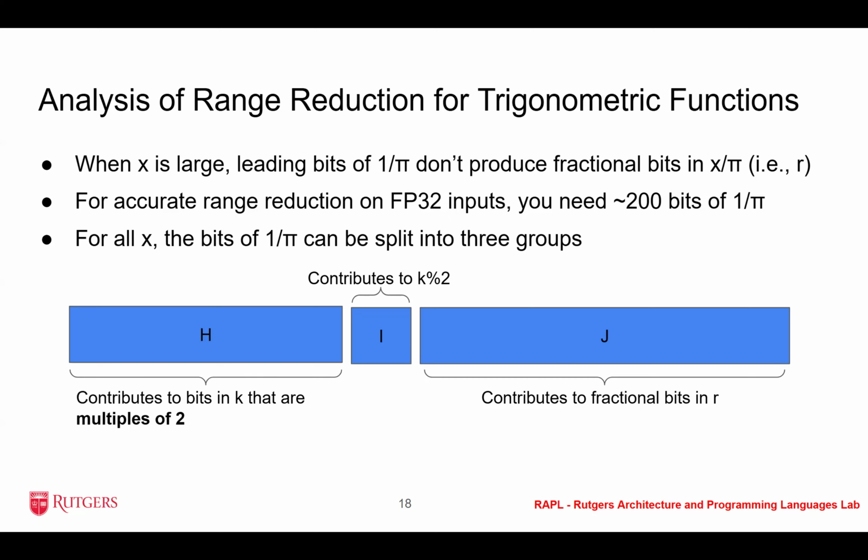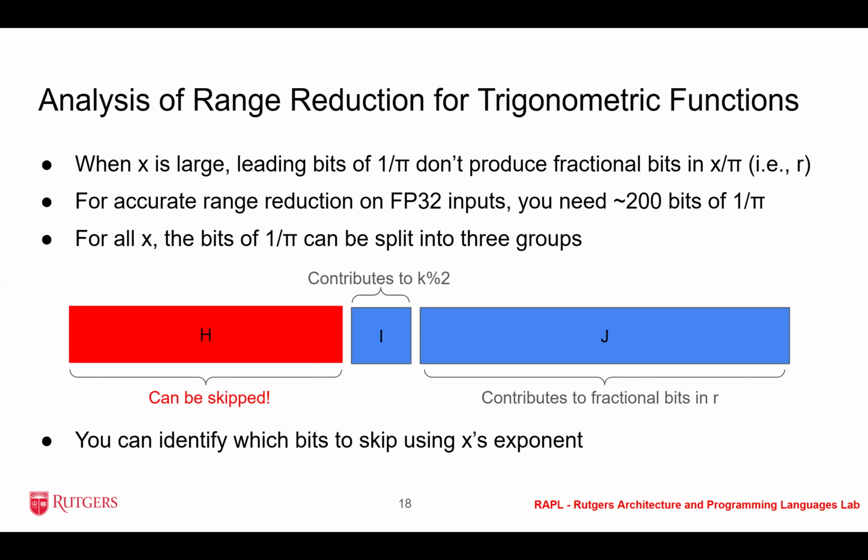Group H is composed of the bits that contribute to the multiples of 2 in k. As such, the partial products stemming from these bits will not impact the final output, and you can skip these bits in their entirety without impacting the final result. Payne and Hennig conclude that you can identify which bits to skip for a given input using the input's exponent.